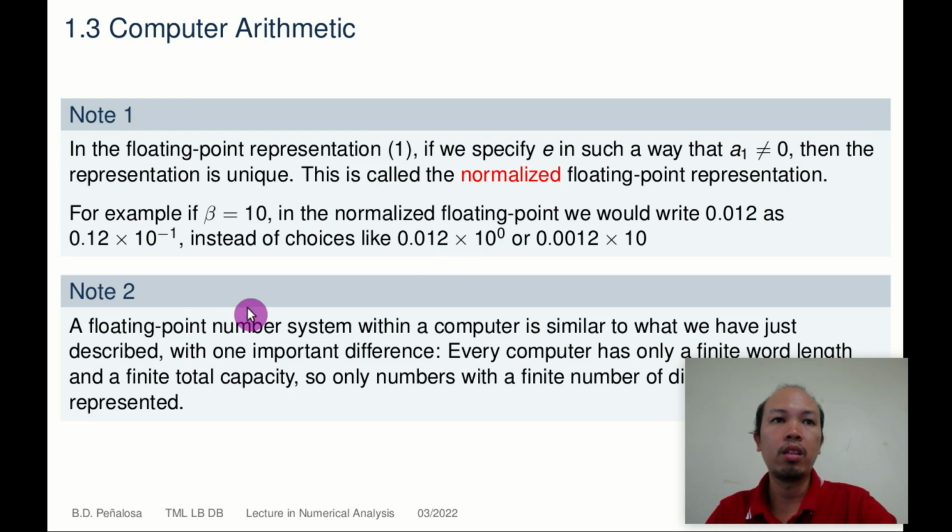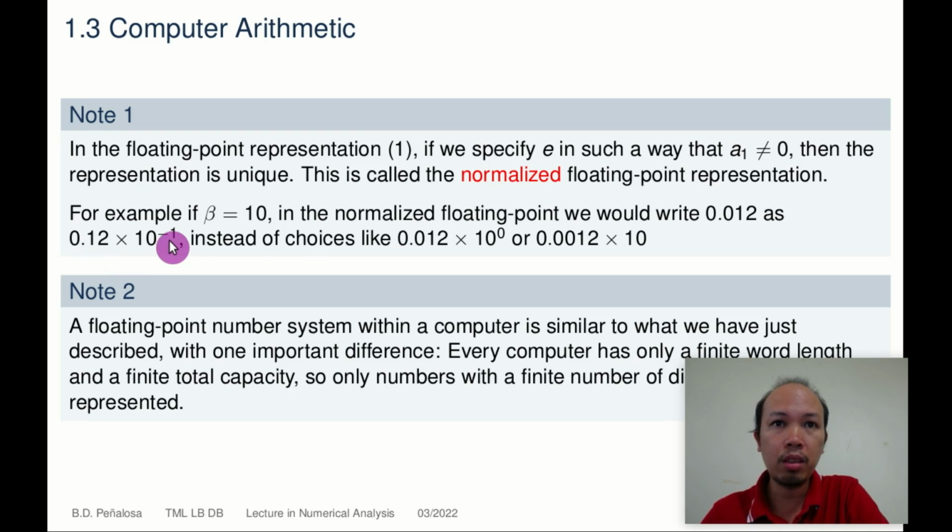So for example, if our beta is equal to 10, if you are given the decimal number 0.012, then if we write it in normalized floating point representation using base 10, you can write it in this form: 0.12 times 10 to the negative 1.